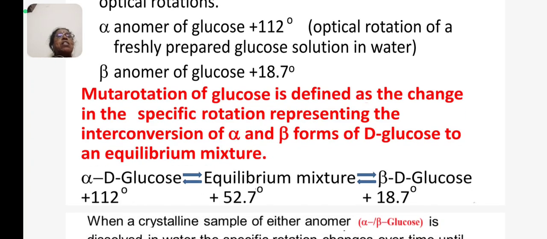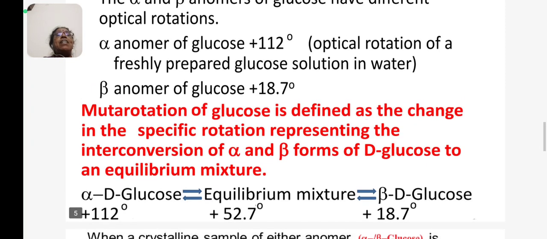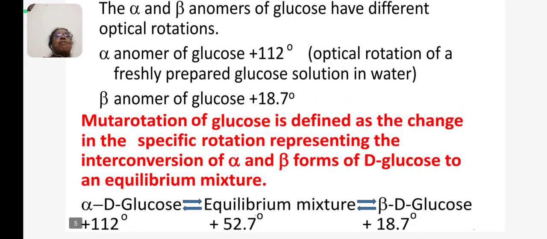Mutarotation of glucose is defined as the change in the specific rotation representing the interconversion of alpha and beta forms of D-glucose to an equilibrium mixture. That is, when alpha D-glucose is dissolved in water, the specific rotation value decreases from 112 degrees to the equilibrium value plus 52.7. Afterwards, this value does not change.